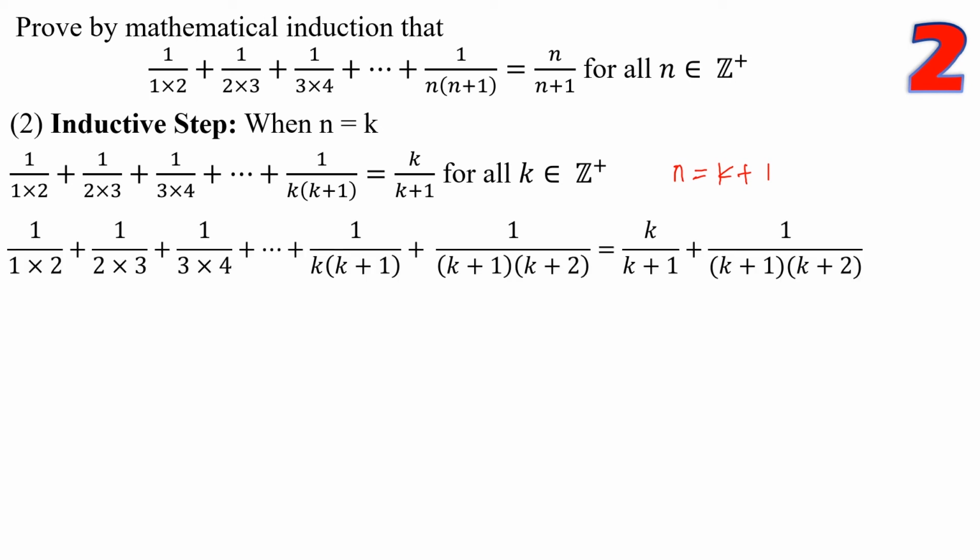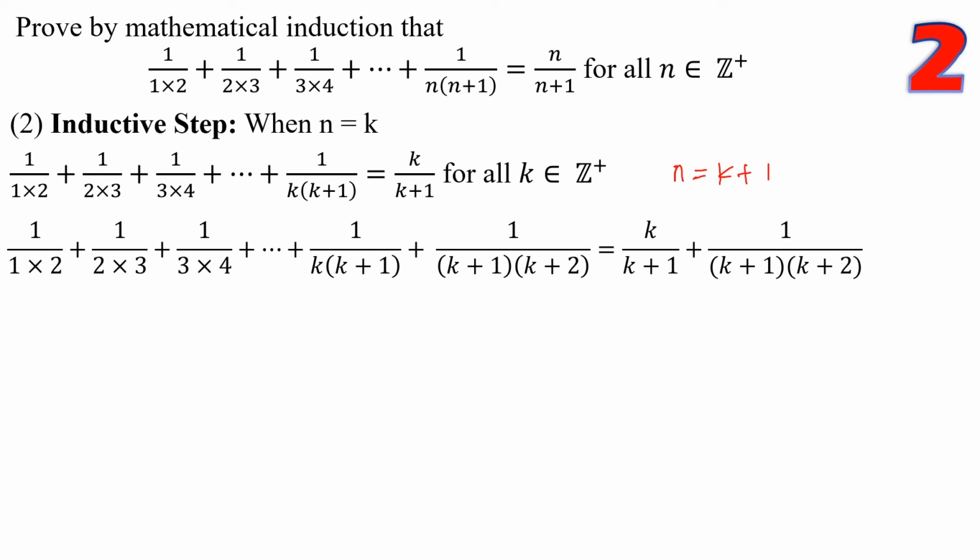So we have 1 over 1 times 2 plus 1 over 2 times 3 plus 1 over 3 times 4 plus ... plus 1 over k times k plus 1, and the next summand 1 over k plus 1 times k plus 2, that is when n or k is equal to k plus 1. We also add this summand to the right hand side of the equation, so we have k over k plus 1 plus 1 over k plus 1 times k plus 2.